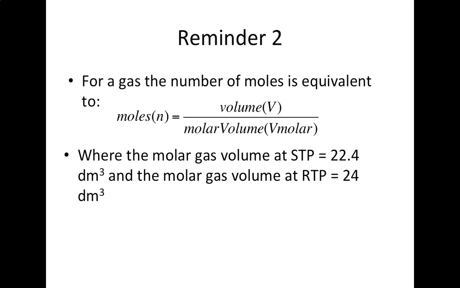So my number of moles is equal to the volume of whatever my container is divided by the molar volume, where the molar gas volume at standard temperature and pressure, STP, remember, standard temperature and pressure, is 22.4 decimeters cubed. Now, if you don't remember what that temperature and pressure is, look back at your chapter.